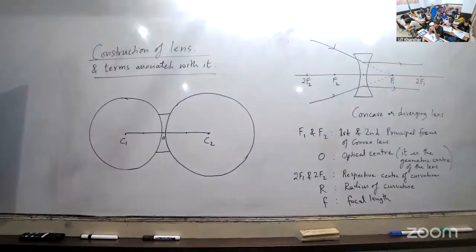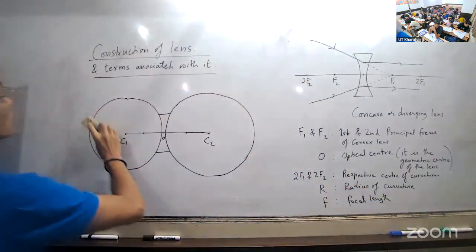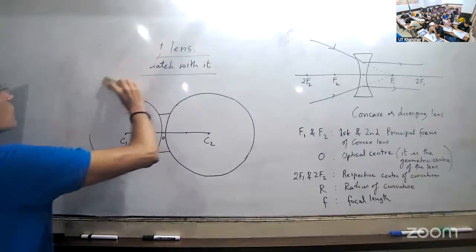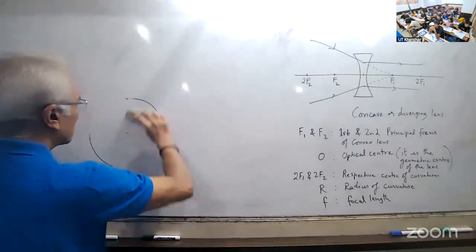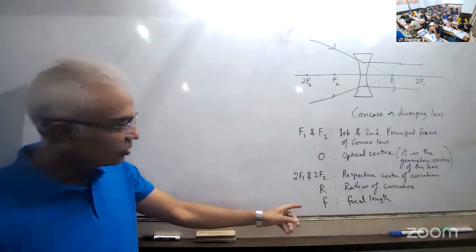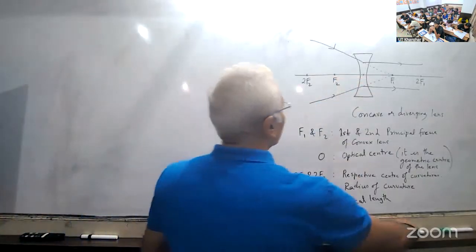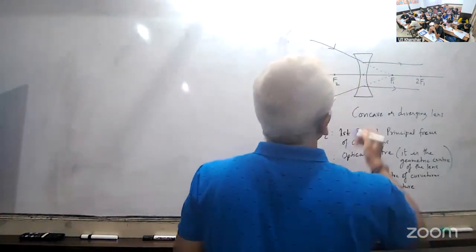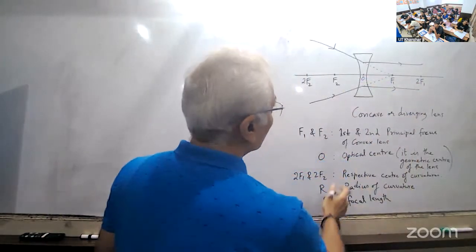All right. So I think we are good to learn about the image formation by lenses. So far we know what is focal length: this length, the distance of the principal focus from the optical center. This is focal length.